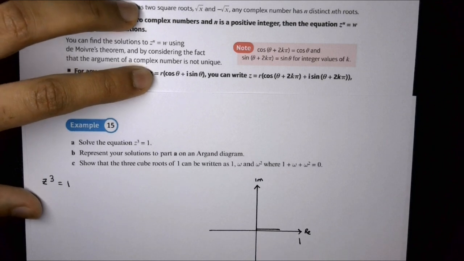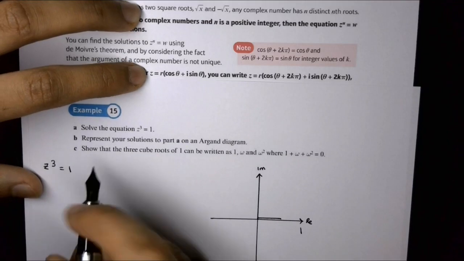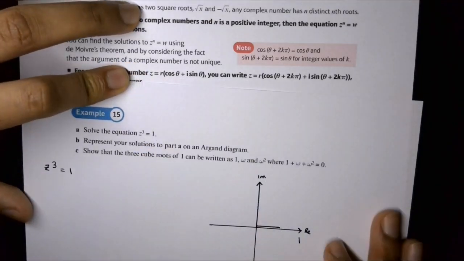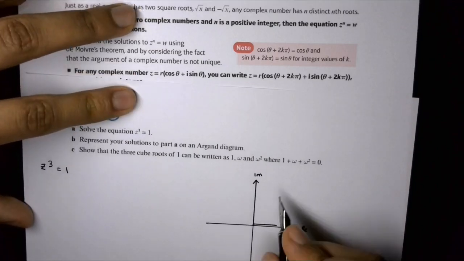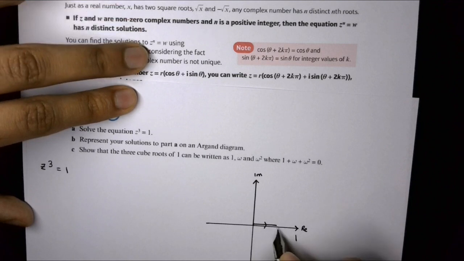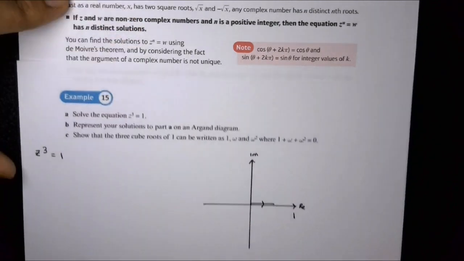So now we know that the modulus is equal to 1, and clearly you can see here the argument is equal to 0 because we're lying on the positive real axis.